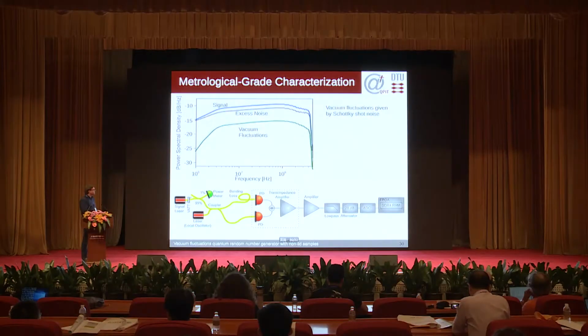The vacuum fluctuations are given by the Schott noise. Okay, this gives us the power spectral density, but it's flat. But our detector has a certain response, so we need to measure the response, and not only of the detector, but also of the acquisition system, including the ADC.